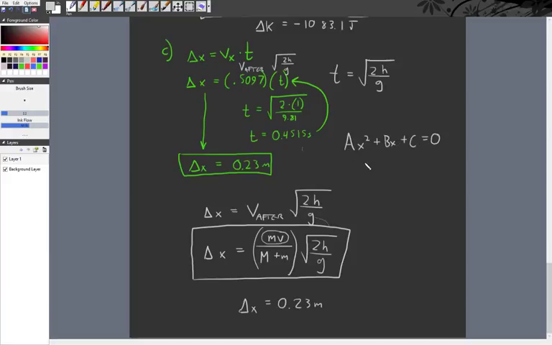Now, if I were to give you just 2x squared minus 3x plus 1 is equal to 0, you could go out and solve this, completing the square every time, but having a formula to solve for x directly using a, b, and c is going to be faster in a lot of ways, and it's going to be less prone to making mistakes. Okay? So that's all I want to say about that.